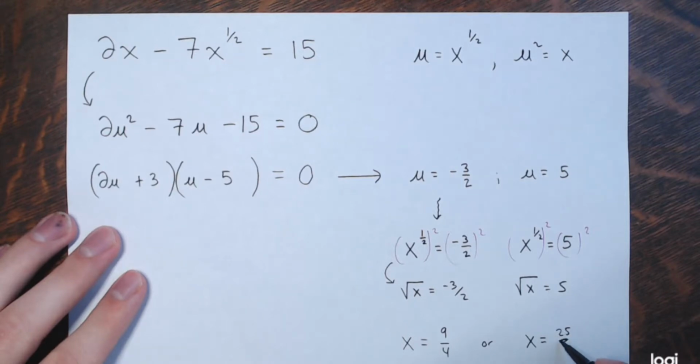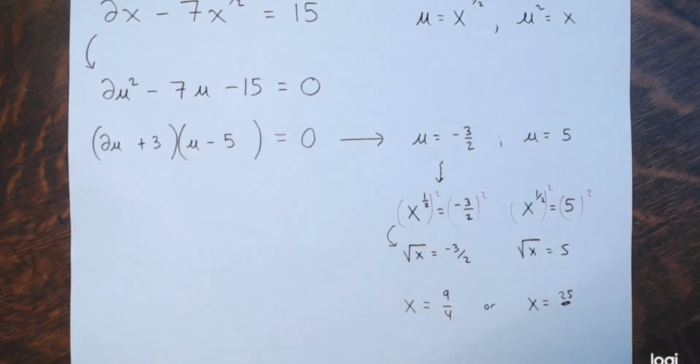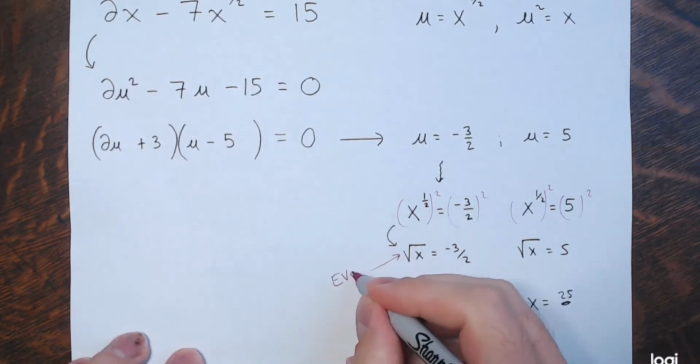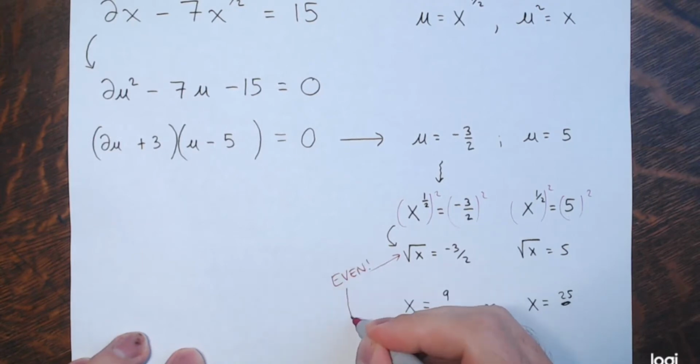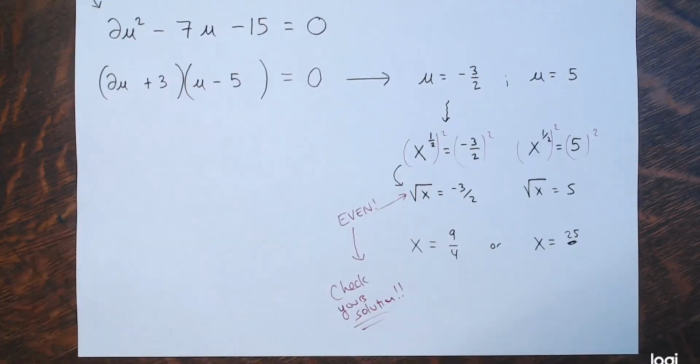But because of the even root, odd roots are fine, because of the even roots, you should definitely check your solutions for sure. I mean, you should always check your solutions, but definitely check your solutions when there's an even root involved.